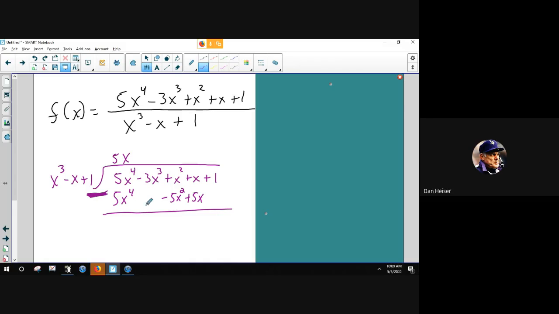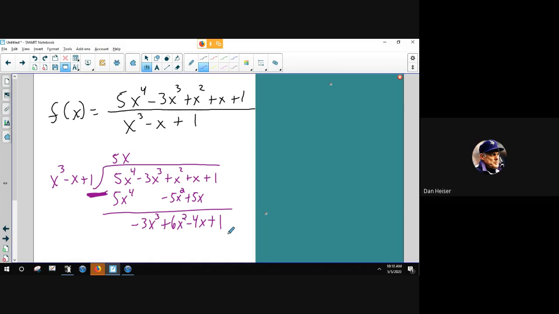There's no x cubed term here. That's all right. Negative 3x cubed minus nothing is negative 3x cubed. x squared minus negative 5x squared. Yes, you need to be perfect with your signs here. One sign mistake is not good. 1x minus 5x. And 1 minus nothing.